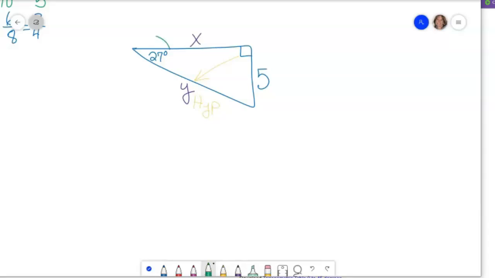From my angle measured here, we are given 2 additional pieces of information. So from my angle 27, 5 is going to be opposite. And X is going to be adjacent. Okay. So again, opposite because it's on the other side, adjacent because it's part of it.